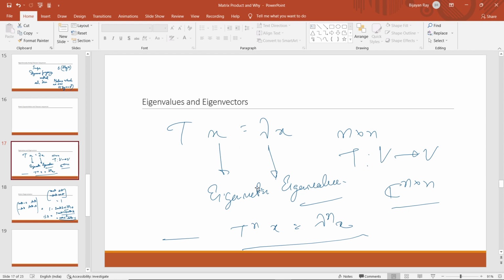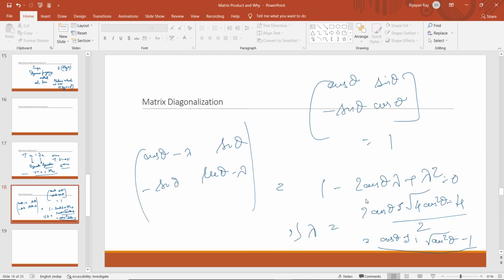Let me state it this way: the n cross n matrices can be defined over any field, but the eigenvectors need to be defined over C. If we are considering even the complex vector space, that is okay.